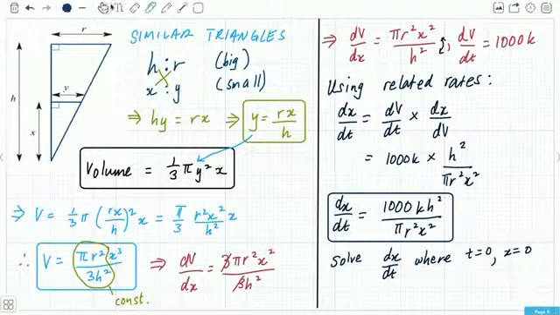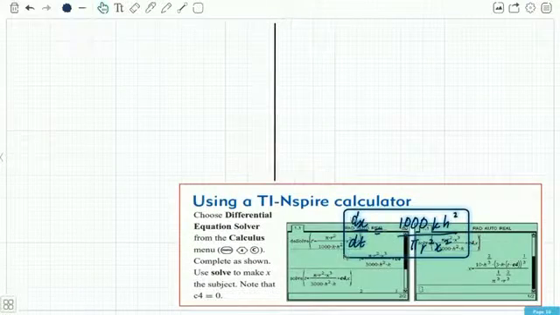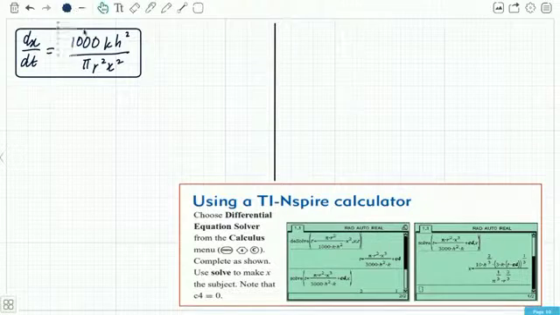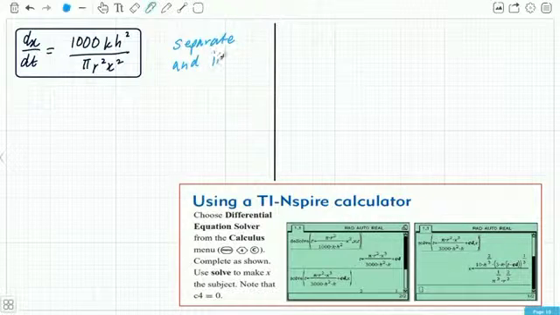So I'm going to pick up this differential equation now, take it onto the next page so we can solve it. I'm going to solve this by separating it out. So I'm going to separate and integrate.